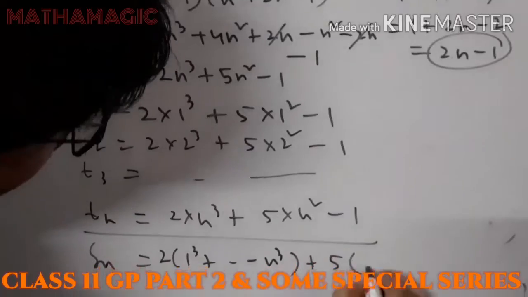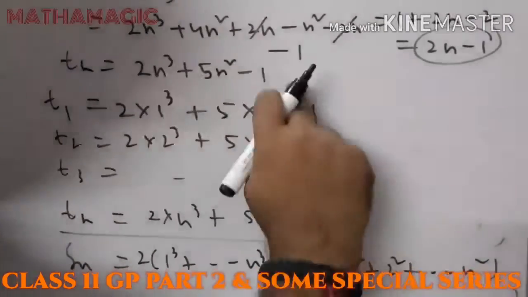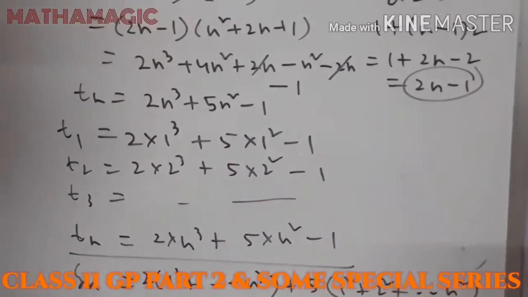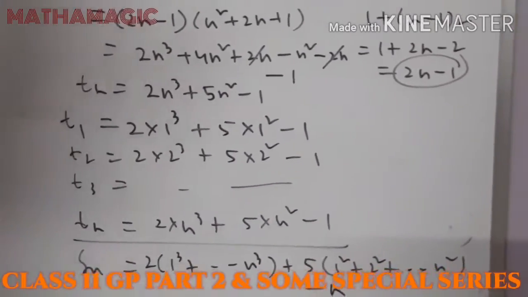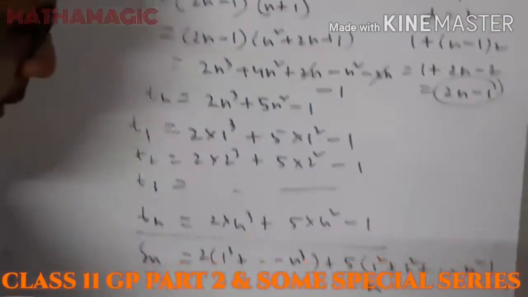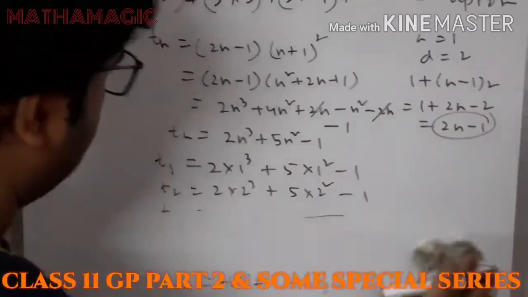Now if we take 5 common, then 1 square plus 2 square plus up to n square, and n number of 1 means n. So just apply the formula to get the result. So this kind of series can be solved by using this technique. So note it down so that we can move to the next one.